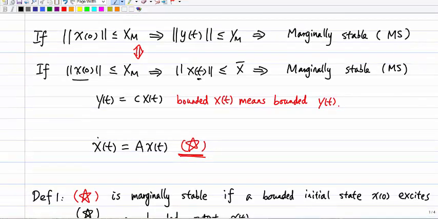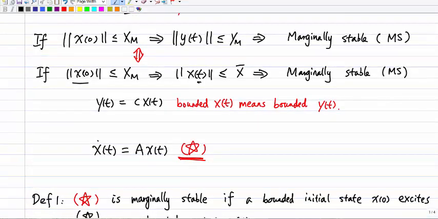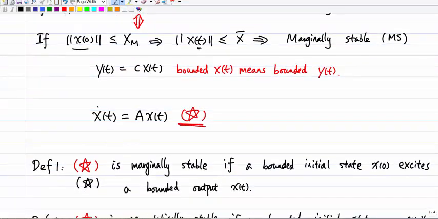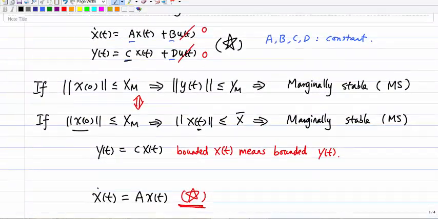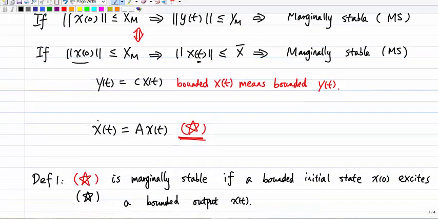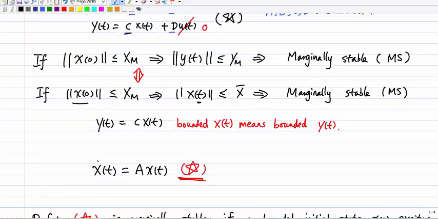Okay. As in the previous video for the BIBO stability, we want to know what kind of condition will guarantee the internal stability. As mentioned before, we don't need to look at y sub t. Instead, we only need to look at x of t by having a zero control input u sub t. So the system becomes just x dot t is equal to A x t, because we don't have to look at y sub t, and we have a zero control input u sub t.